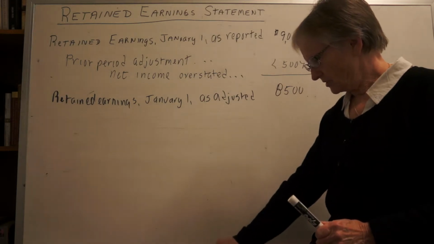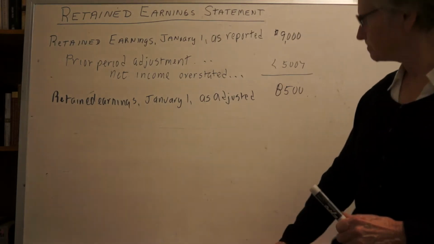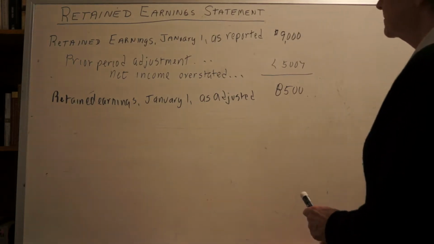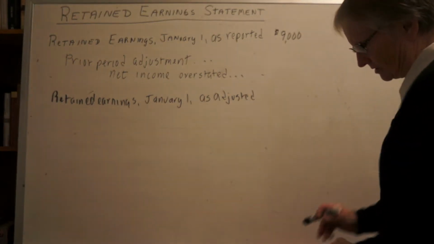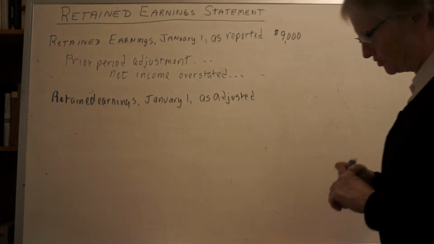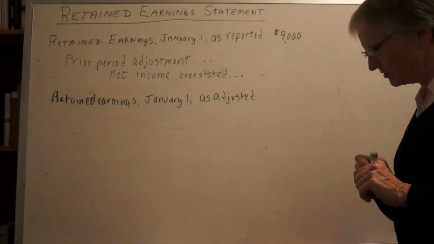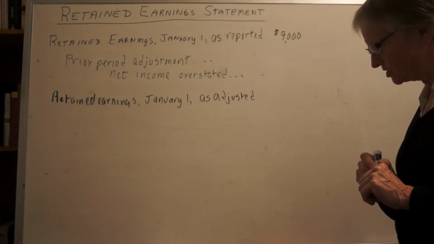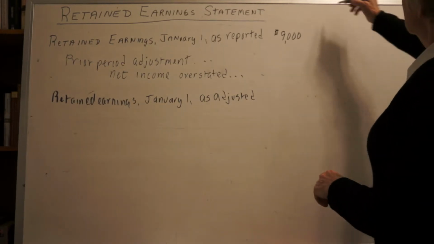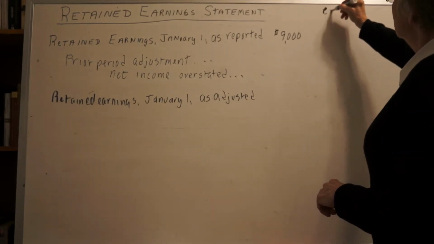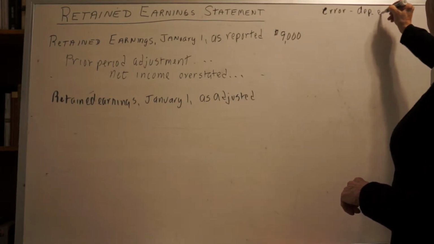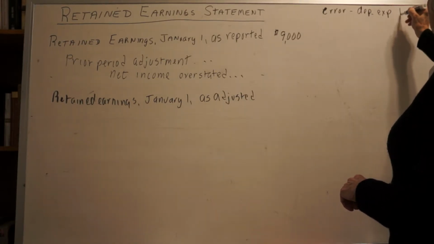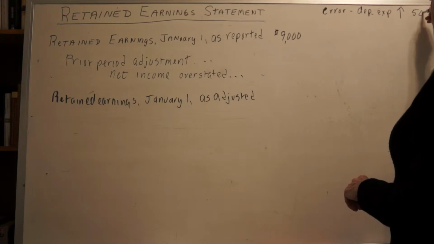I do give an example of this with the Piper Company, so let's work with that. It says they discovered that depreciation expense was overstated by $500. So the error that they made was that the depreciation expense last year was too high by $500.